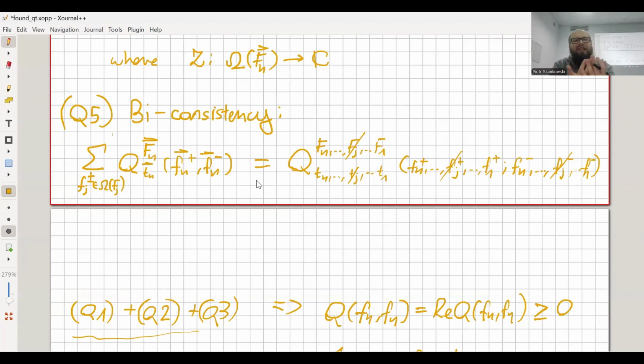Then does bi-consistency imply the same thing? Can we conclude from bi-consistency that there exists a master complex-valued measure on a space of pairs of trajectories instead?